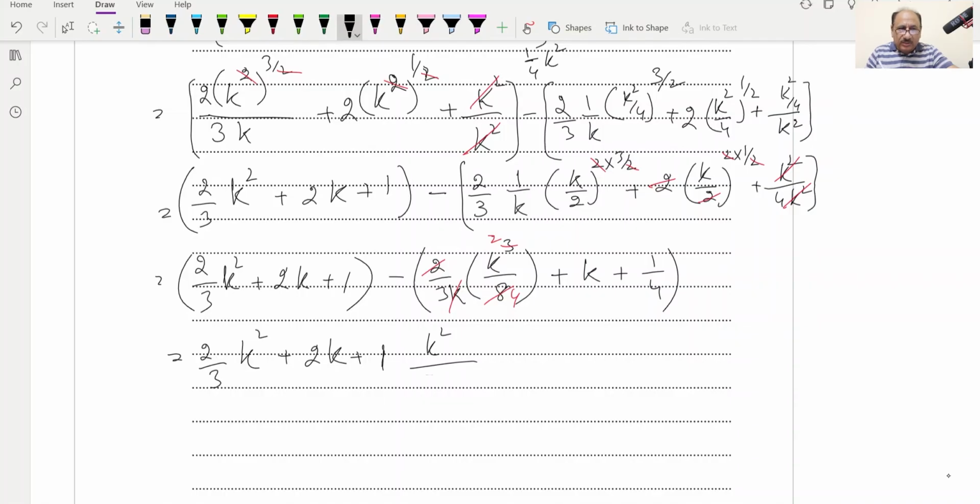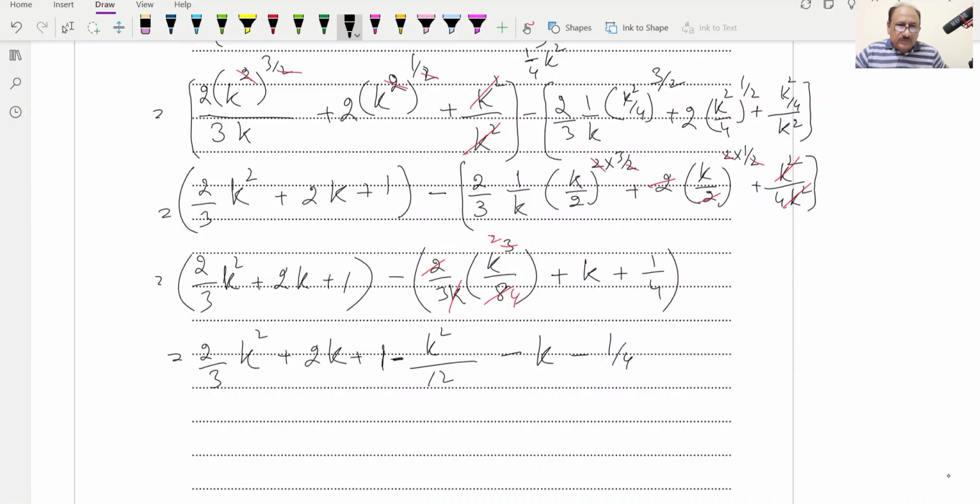So we can write here k squared over 12, and minus in between this one, and further we can write minus k and minus 1 by 4.